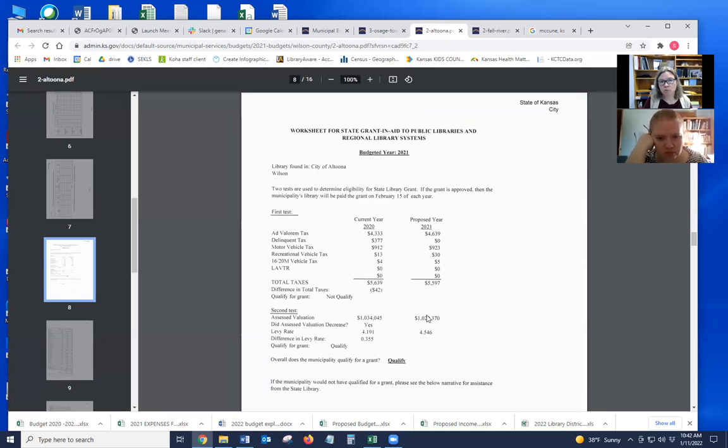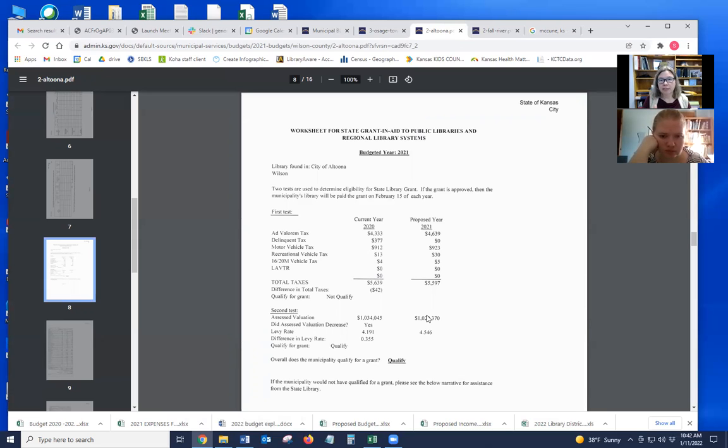Now, for Lucretia, say you have a charter ordinance and the city says that the library can't ever charge more than 4.2, then you would have risked losing state aid, because both the amount of dollars raised would have gone down, and the mill rate would have gone up in that case.